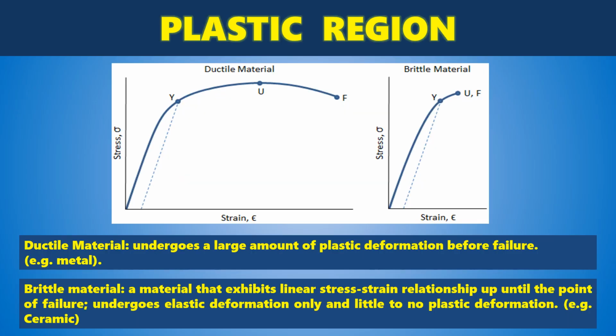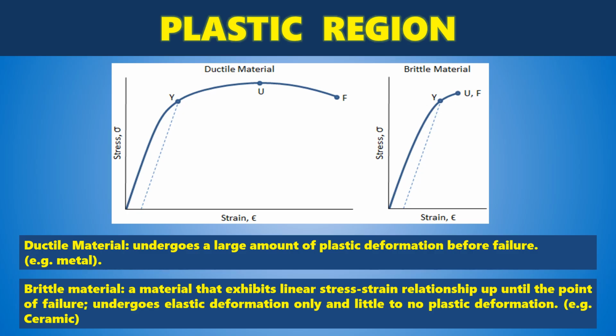Now, with respect to the plastic region, the material can be described either as a ductile material or a brittle material. Ductile material will undergo a large amount of deformation before it fails.